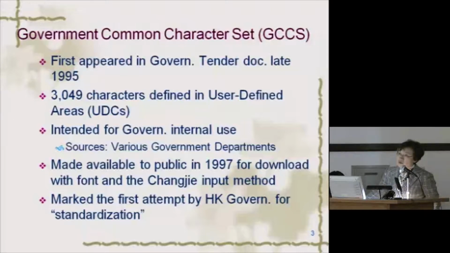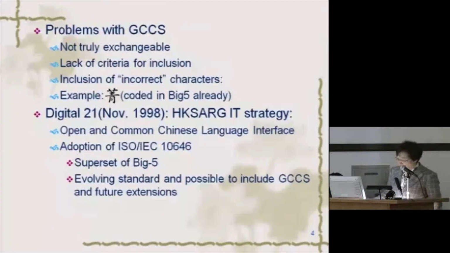If you have the input methods, you should be able to use it. So in a way, this is where the Hong Kong government starts to go public. This is not really the standardization yet. The problem with GCCS is that it's not official. Government made it available, but it's not really an official document.